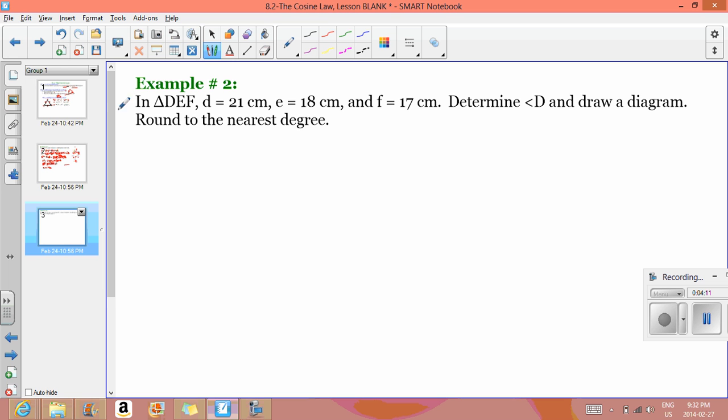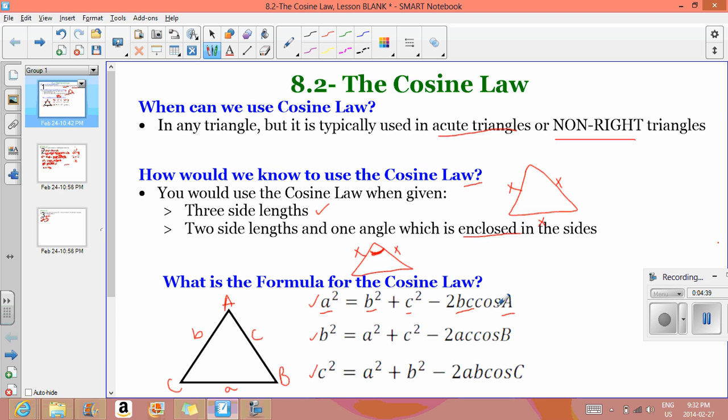So in example 2, we'd have to draw our diagram, and it's different letters. So we have D, E, F, and so this one will be lowercase e, f, and d. And so we can say all these measurements: 21, e is 18, and this one is 17. So how do we know which formula? You could write all 3 formulas out, but then you want to go back to which one we're looking for. We are looking for angle D. And remember that the angle here always corresponds with the letter that's in front.